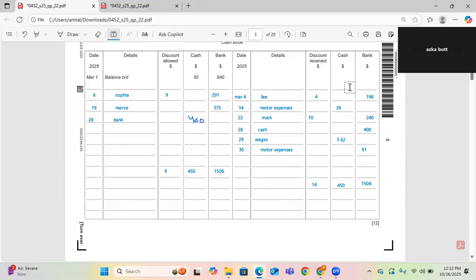So we need to deduct the credit side now. 1506 minus 196 minus 240 minus 400 minus 91. So the closing balance will be 579. Sorry, my bad. This is the balance c/d. 579. And 450 minus 26 minus 362, so this will be 62.